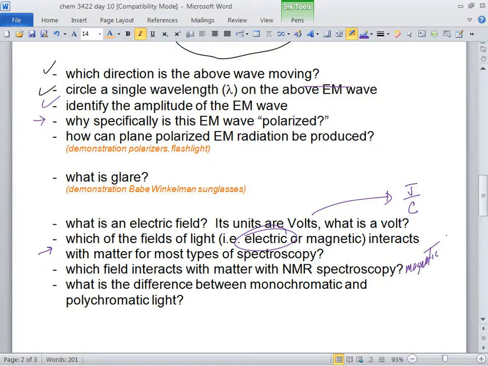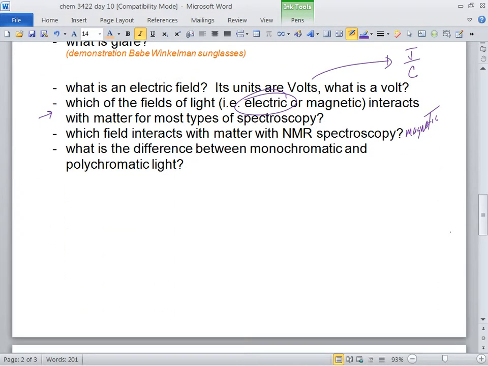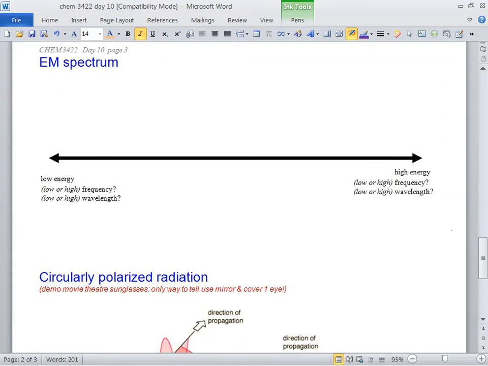So this flashlight is poly, more than one color. Maybe because I got this focused wrong. You can kind of see the colors there. There, it's better. So mono, one wavelength.